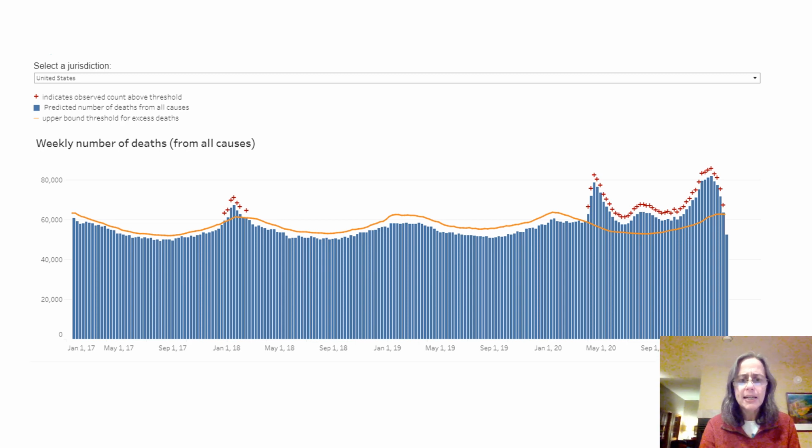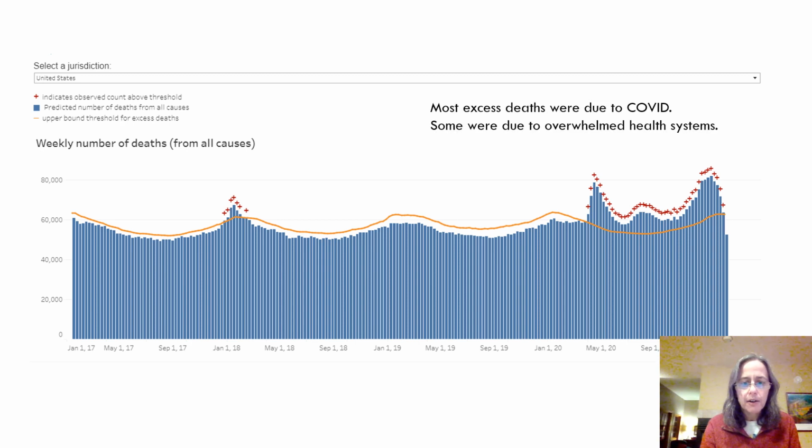You can see that this is pretty predictable over time. Things don't change a whole lot generally from year to year. You might have noticed that in January of 2018, we went above what the expected threshold would be. We had a particularly severe influenza season that year, so that makes sense.